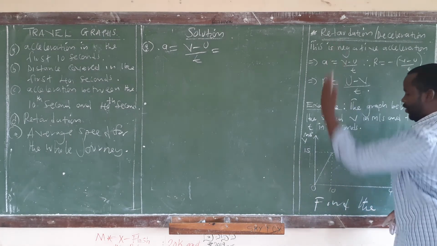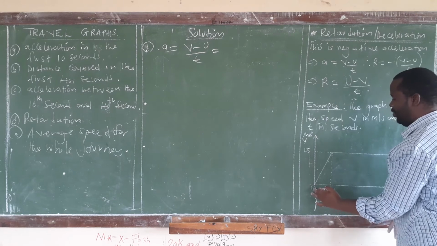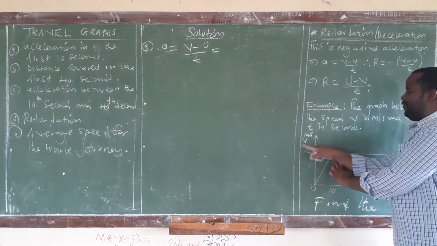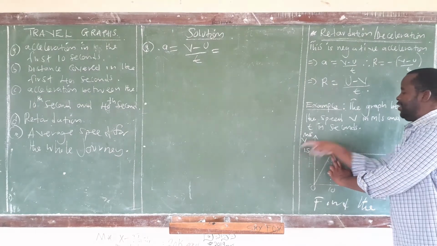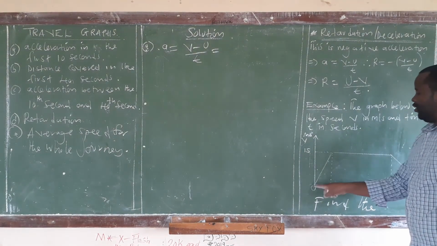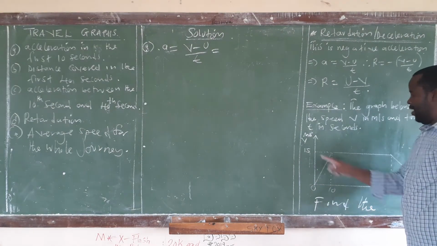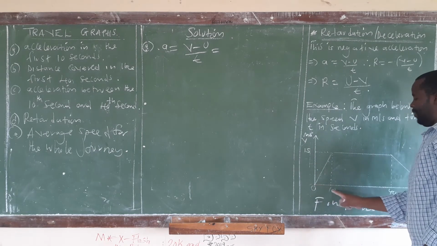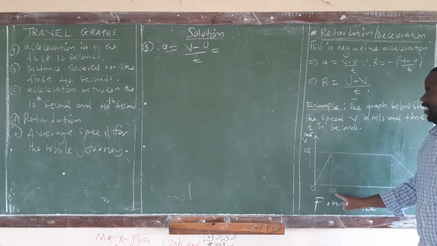So if I'm given the velocity, my initial here will be 0 up to here. So at this point, my final velocity is 15. So my initial velocity is what? 0, but my final velocity is what? 15. But what's the time taken from this point up to here? It's 10 minus 0, which is 10.